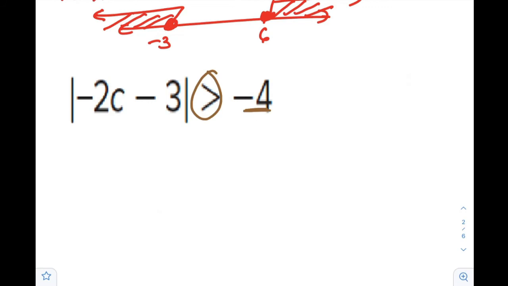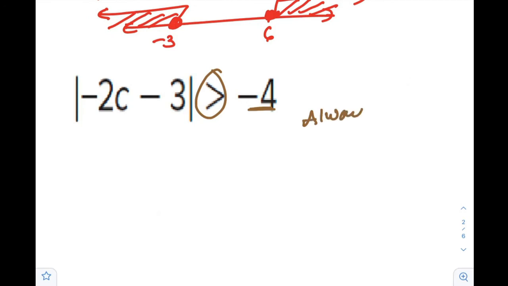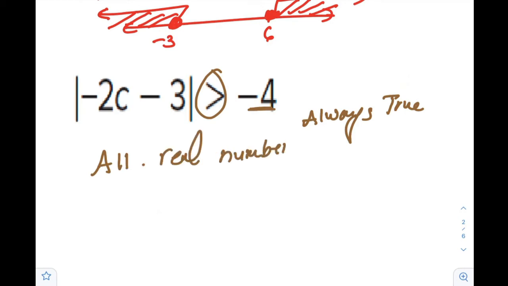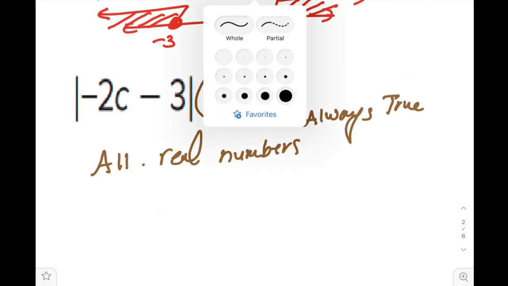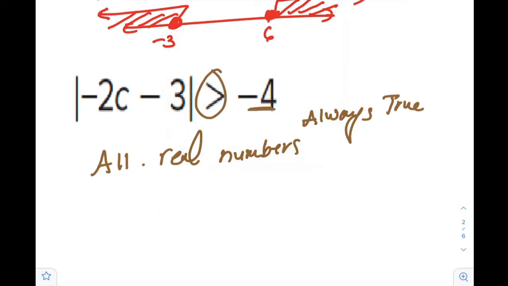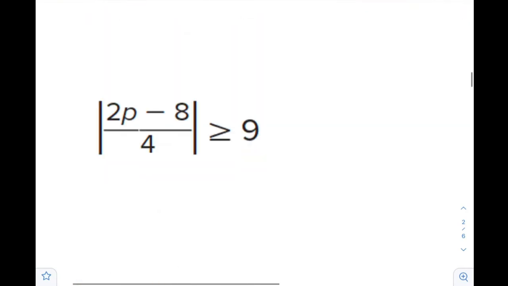Absolute value will always be greater than a negative number. So this is always true. That means the solution is all real numbers. Always true because all real numbers can be the solution.